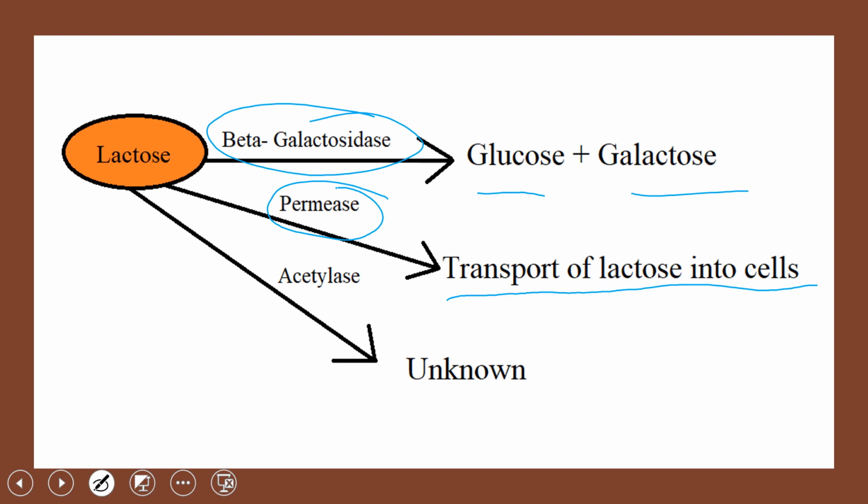But the function of the acetylase enzyme is still unknown. So what actually happens? Whenever there is the presence of glucose and lactose, the bacteria will first utilize the glucose, and after the utilization of the glucose, the bacteria will utilize the lactose.